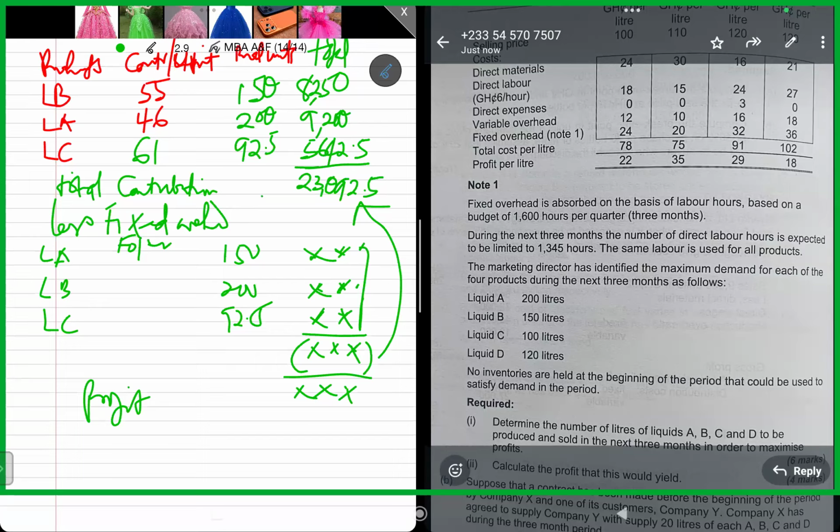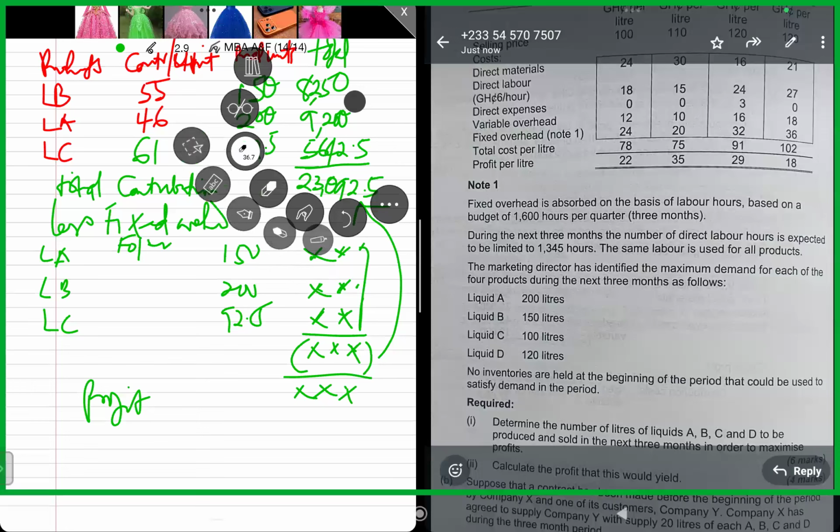The fixed overhead there is cost: 24 cedis per liter, 20 cedis per liter, 32 per liter, 36 per liter for each of the corresponding products, liquid A, B, C. But for us to compute it, they are saying that the fixed overhead is absorbed on the basis of labor hours. So what we need to do is find what is called the OAR. Fixed overhead, we have to find the OAR. So let's try it here and see.